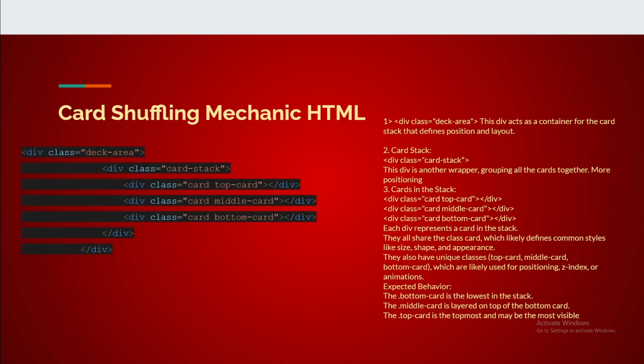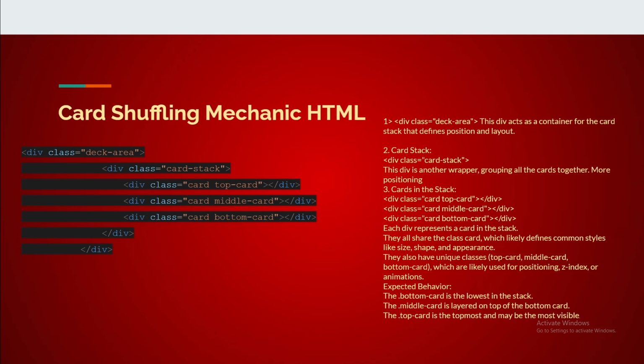In our stack, we had another wrapper grouping all the cards together. The cards in the stack include our top card, our middle card, and our bottom card, and they all share the same class, card, which defines the common style, such as the size, shape, and appearance of each card.